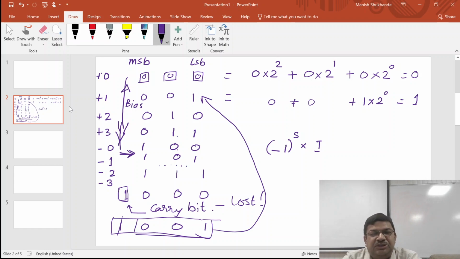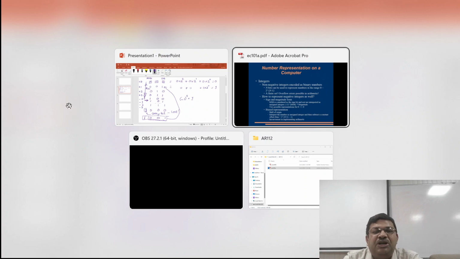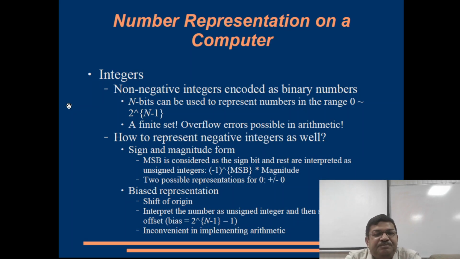That is what we call the biased representation. Essentially shift of origin: interpret the number as an unsigned integer, and then subtract a constant offset, and that constant offset is approximately one half of the total range.